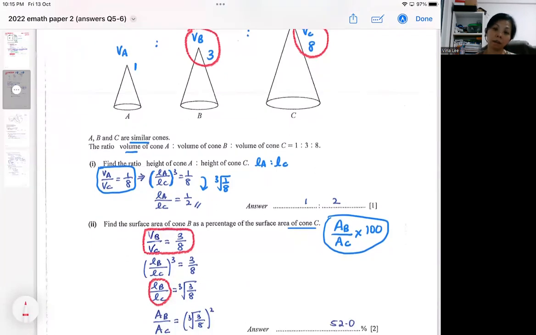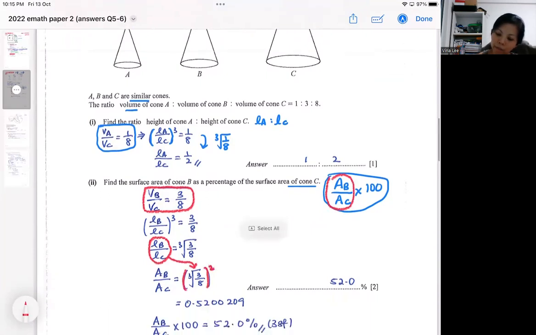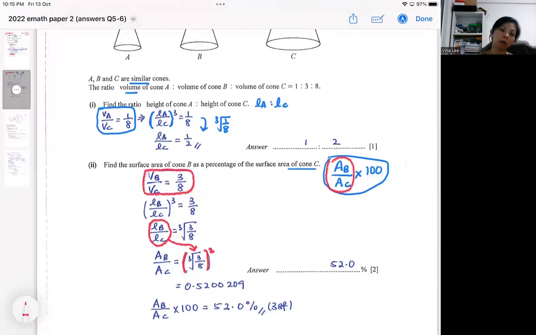Then with the length ratio, I can apply it to find my area ratio. It will be this ratio with a square. Then from there, I convert to a percentage.